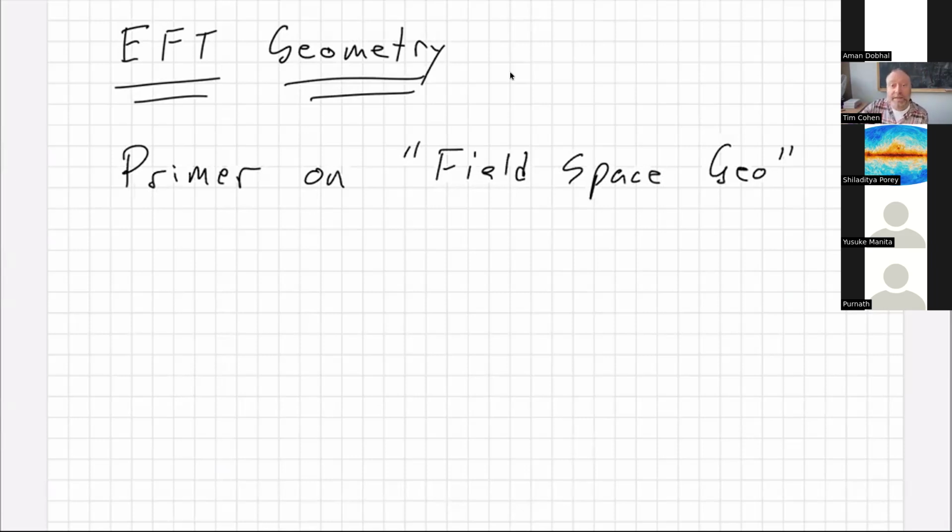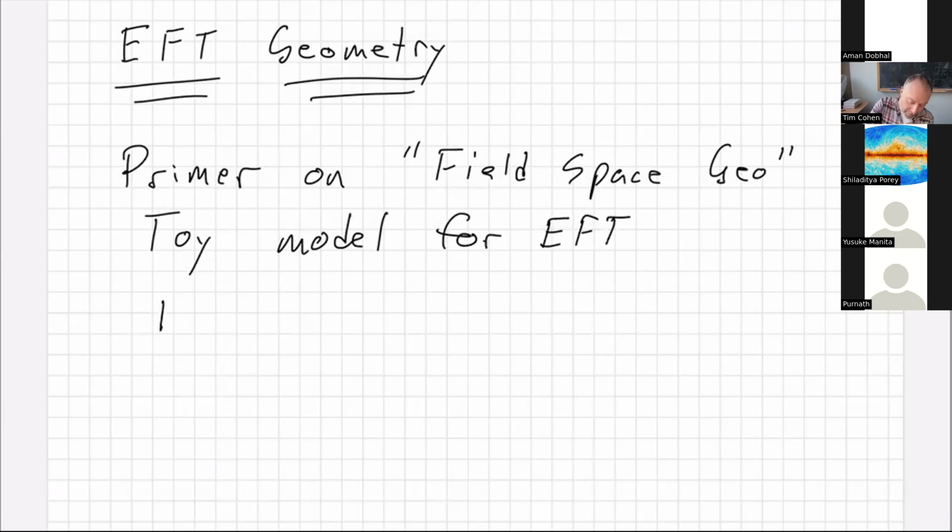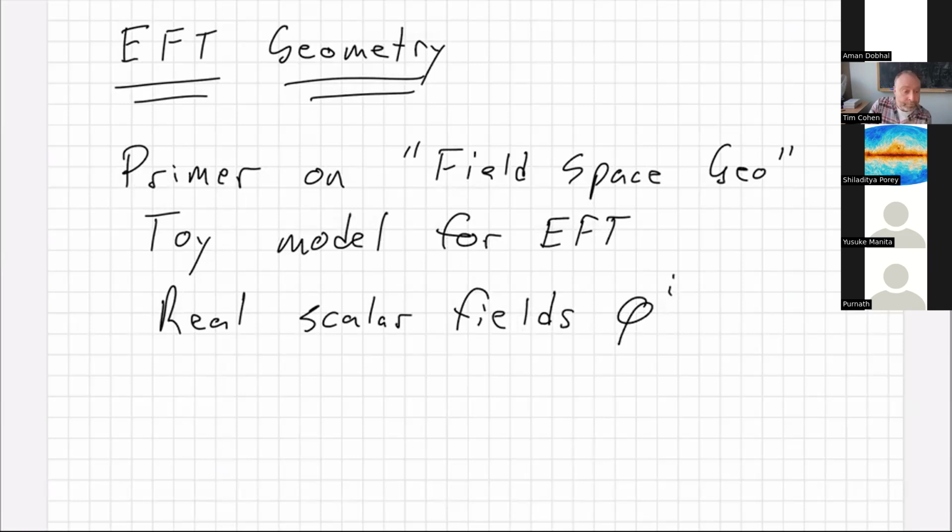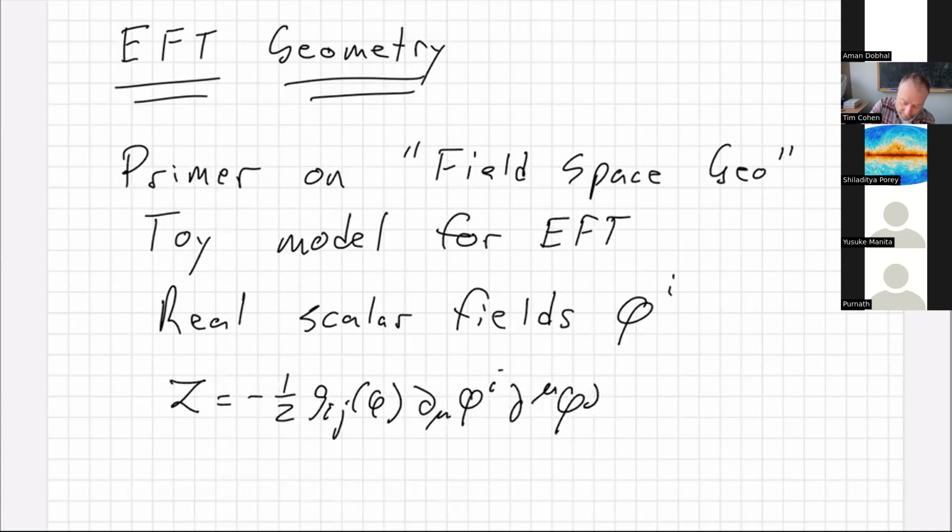So the basic idea here is that we start with the following toy model for EFT, which is we have real scalar fields, phi^i, and we write the Lagrangian, 1/2 g_ij(phi) ∂_μ phi^i ∂^μ phi^j. So in particular, this has no potential, just for simplicity, and it's truncated at order ∂², okay?